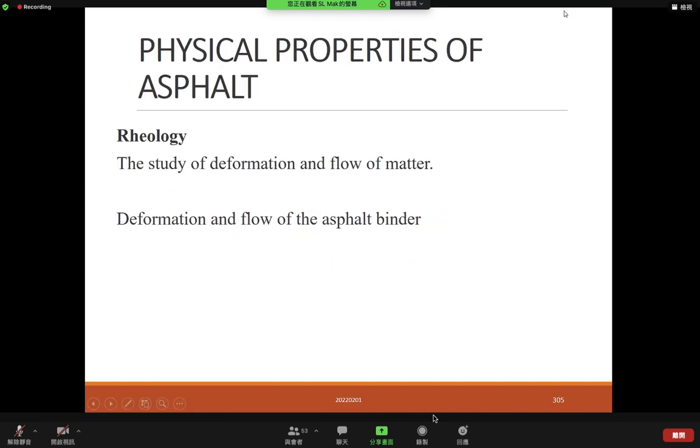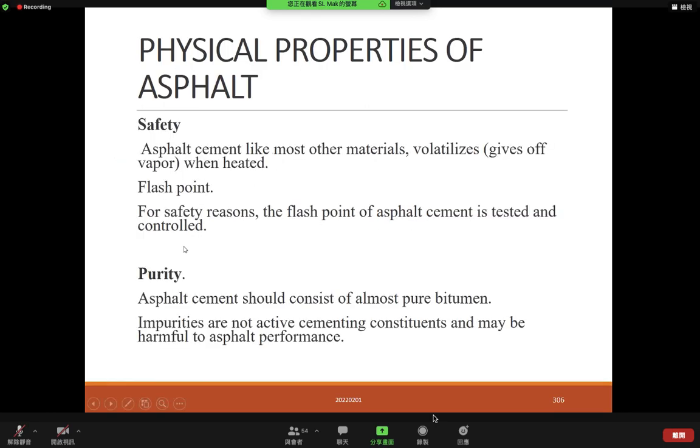And then the second characteristic is rheology, to study the deformation and the flow of the material. And then safety: this material, like most other materials, volatilizes when heated.